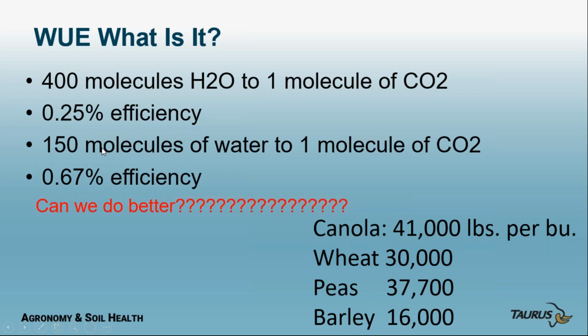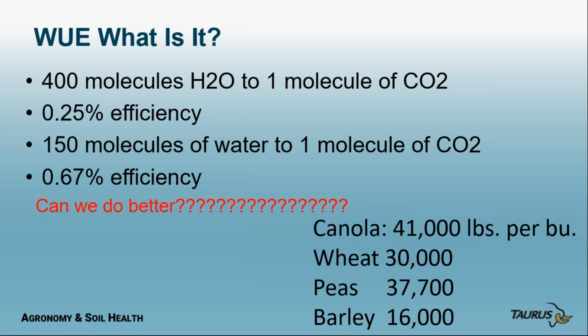Well, what if we had plants that only took 150 molecules of water to process 1 molecule of CO2? That would be really good. And unfortunately, all the plants we grow up here are this top part here, which are called C3 plants.